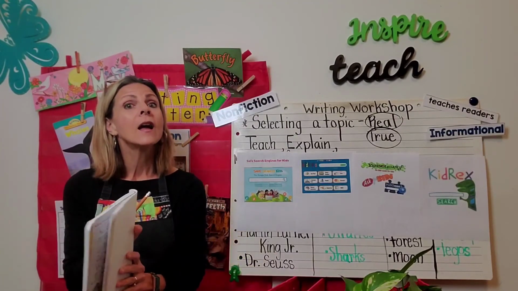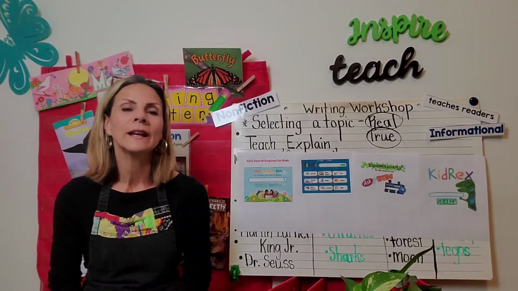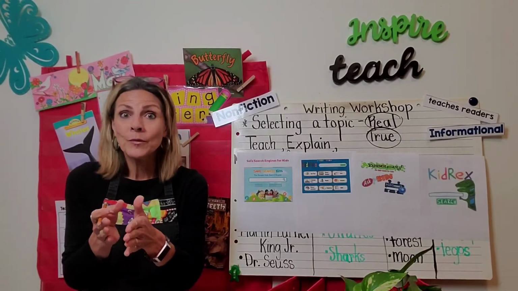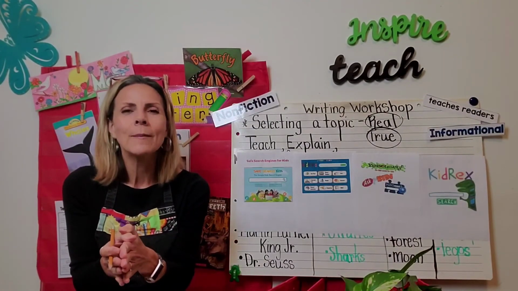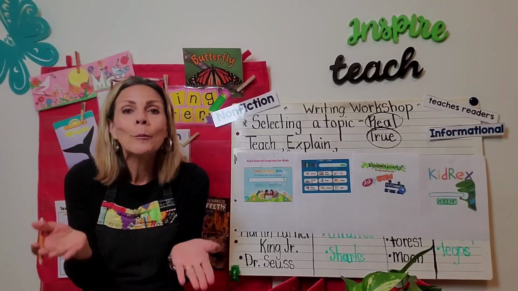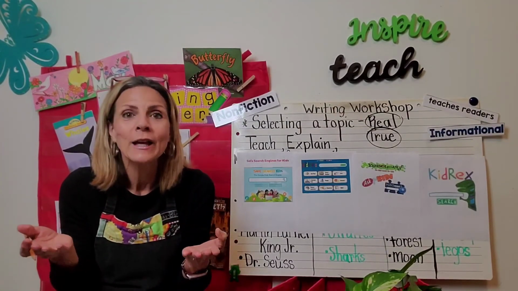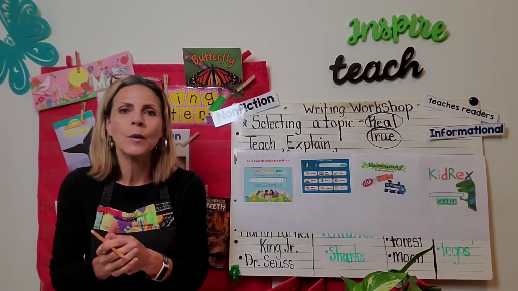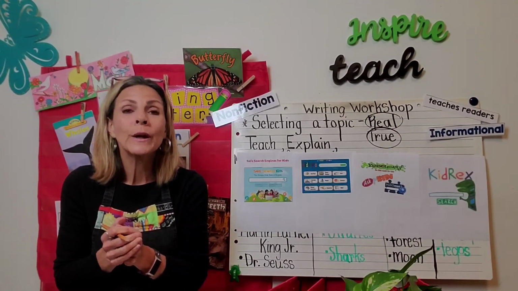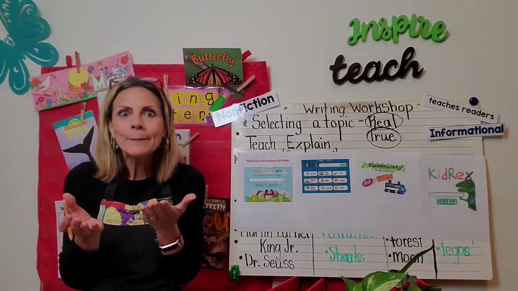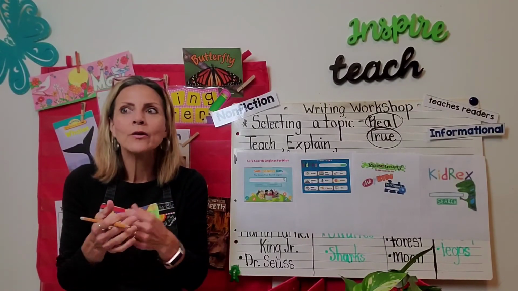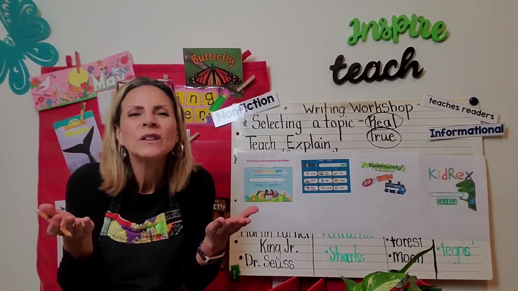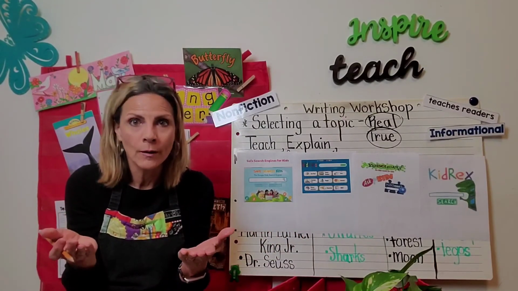Now, when you're thinking about making your list, if you're going to do a person, you want to think about a famous person. I know your mom is a person and you love her, but she's not a famous person. So we want to think of real people that others out in the world would want to know about, or they might already know a little bit about, but they want to know more about.